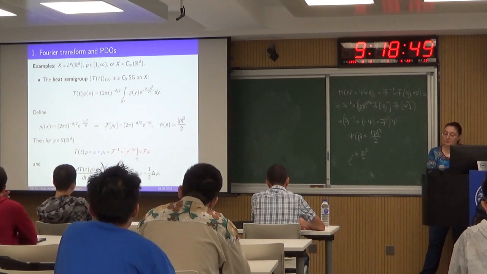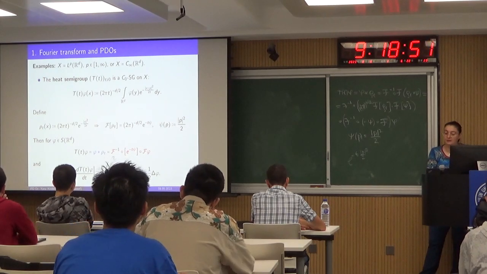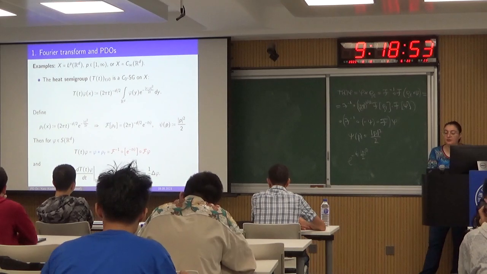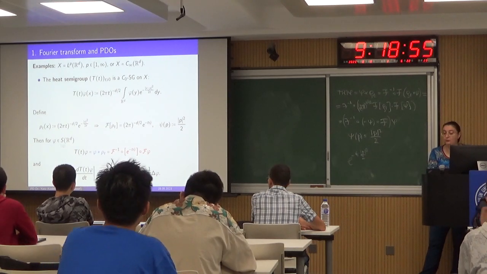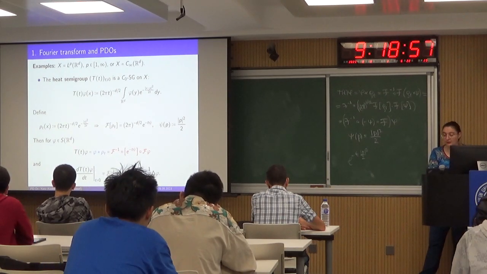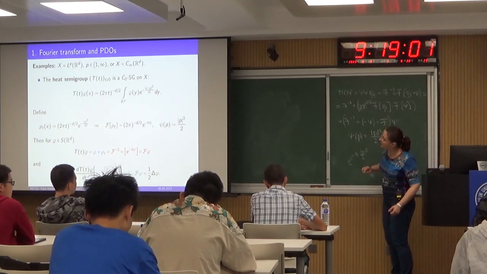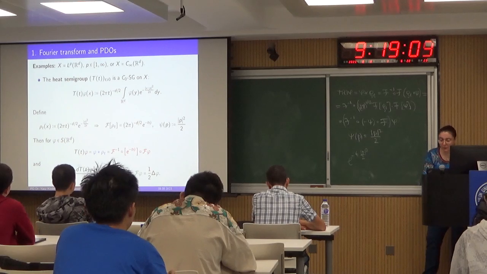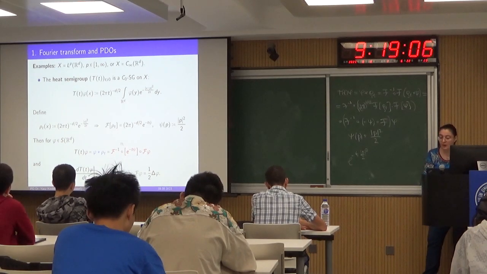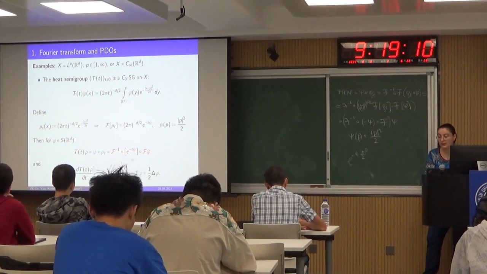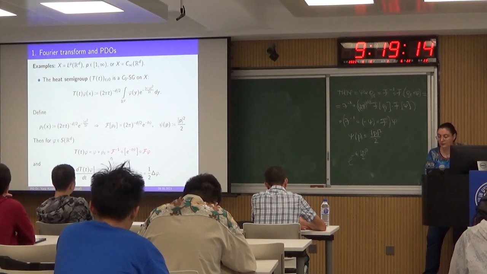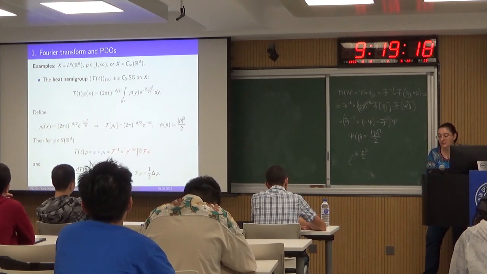But when we have this representation, it's very easy to calculate the generator of the semigroup, at least for good phi. The semigroup has this formula. Now I have to calculate the derivative with respect to t of this formula at t equal to 0. Only this part depends on t.